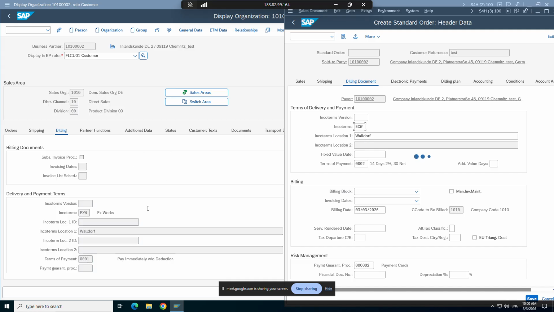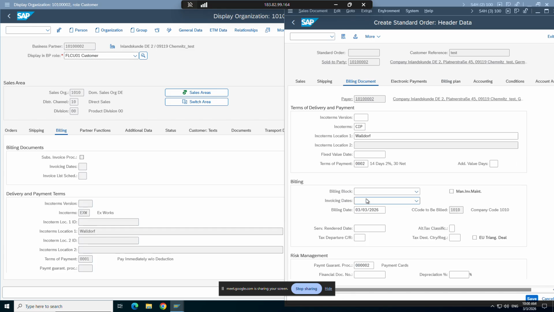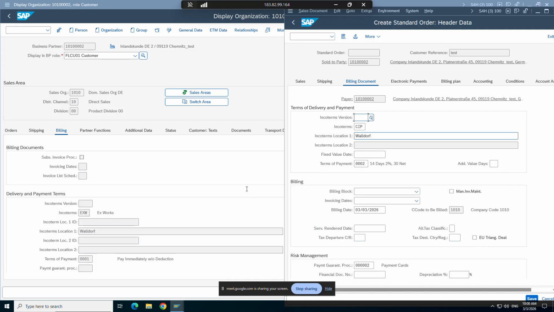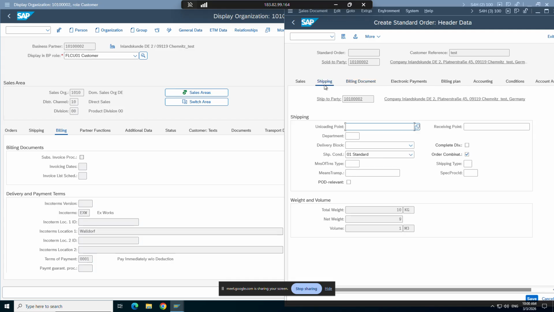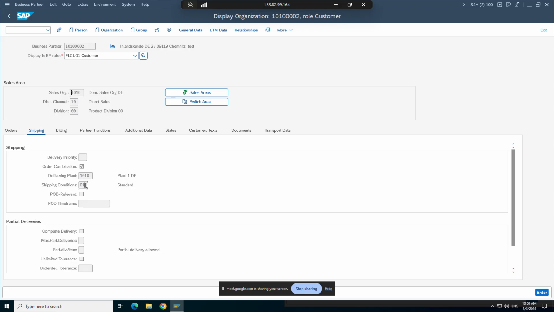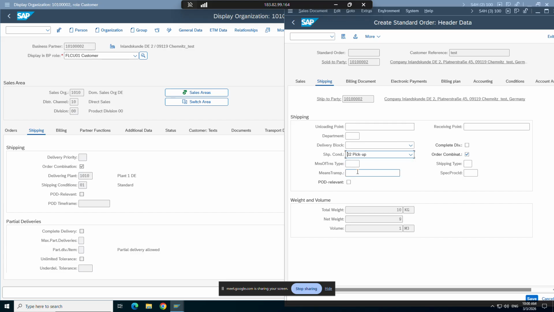Most of the data which is coming from customer master or material master, you can change at the time of creation. Okay, you see, I can change this as well. In the customer master it is EXW, but in the sales order I have taken CIP. Similarly, if you go to shipping, it has taken shipping condition 01. Why? Because we have maintained 01. But let's say I'm trying to change it to anything else, let's say 02.